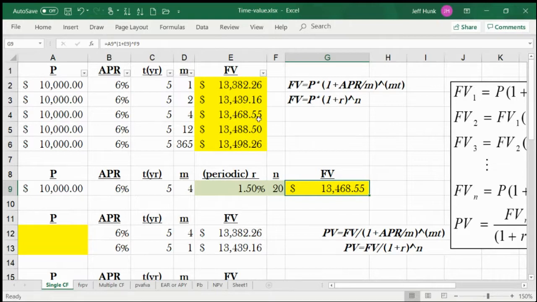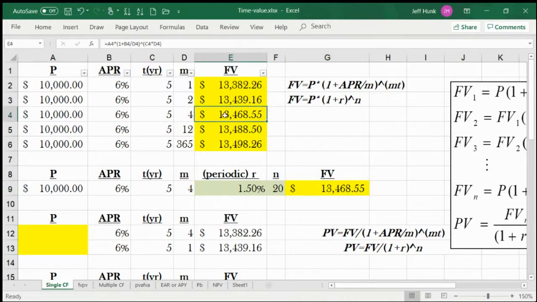Check if this is the same thing as this. Yes, of course. This is when the compounding is quarterly. So what's the difference here? There isn't. The only difference is that here I didn't make the adjustment.